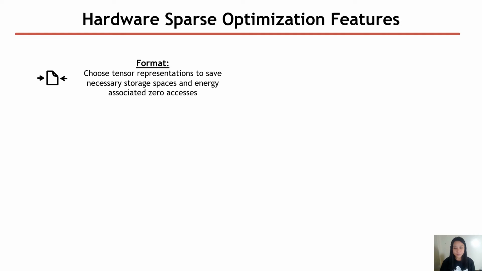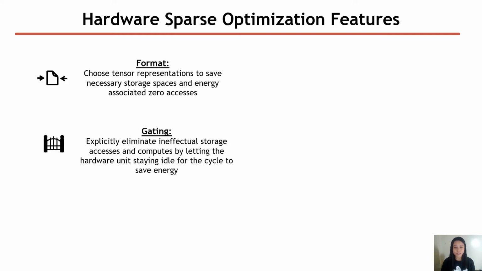So what optimizations do people apply? We classify these hardware sparse optimization features into three high-level categories. The first one is what we call format. This refers to the choice of tensor representation. We can choose tensor representations so that we save storage space by eliminating zeros, as well as saving the energy associated with these accesses.